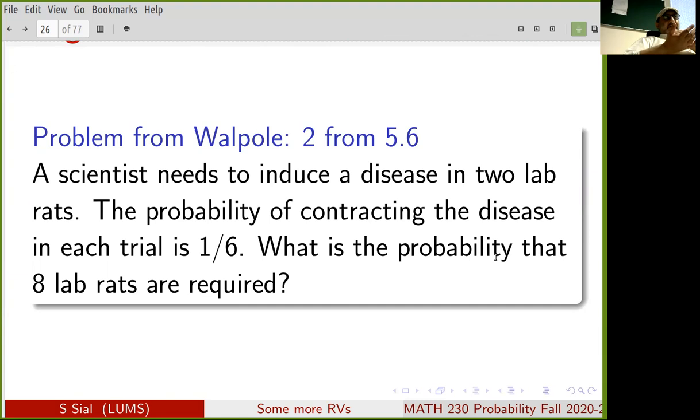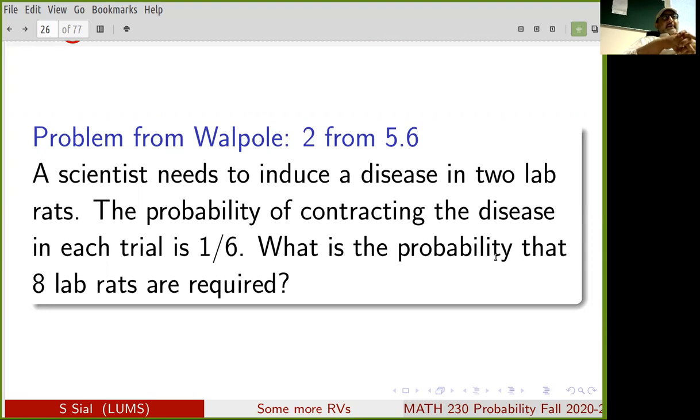You got a success on the second one, you induced the disease. Only 2 are required. In principle, this could never finish. You just never got any of them to get the disease. You just keep going through lab rats. Probably not going to happen.